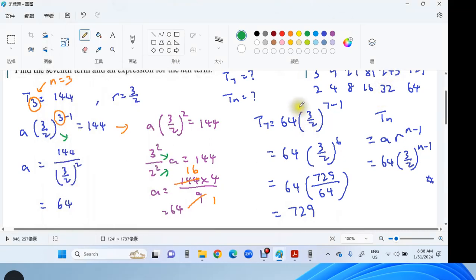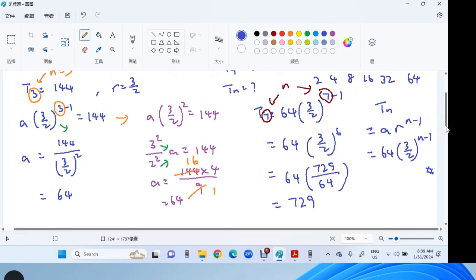For this one, T is 7, so n is 7. So we have 64 times (3 over 2) power 7 minus 1. Okay, so this will be the answer. So 64 times (3 over 2) to the power 6.